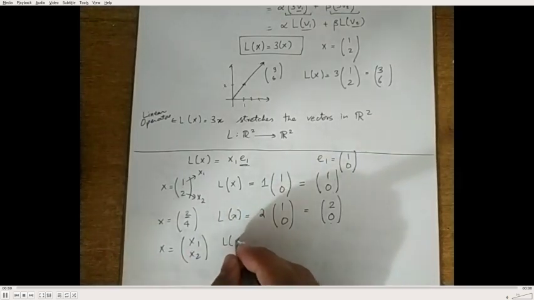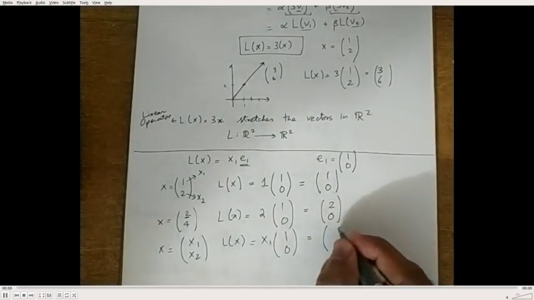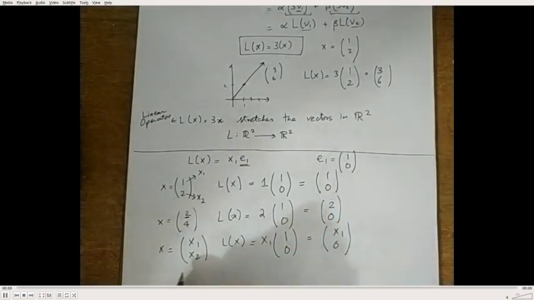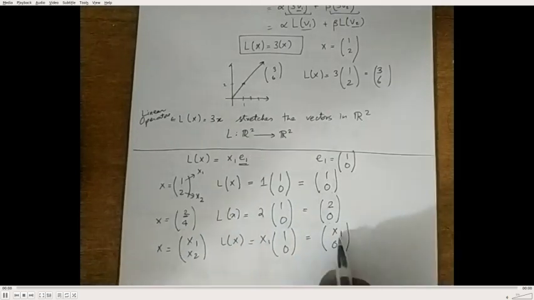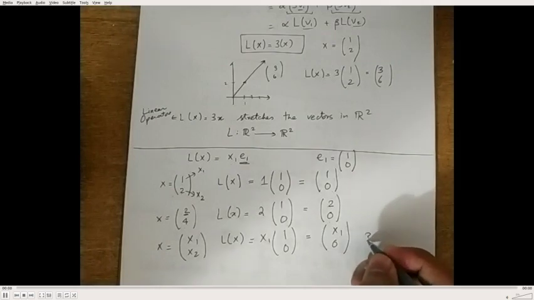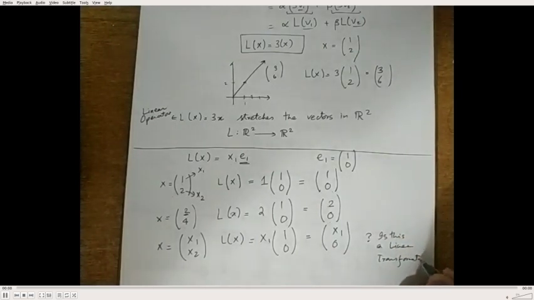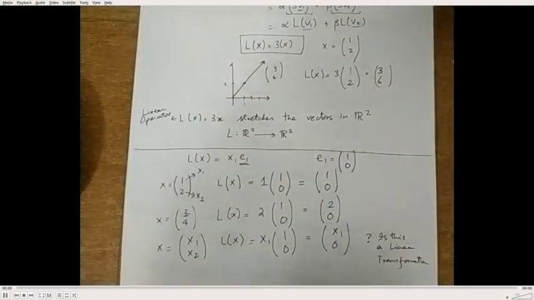L of x equals x1 times (1, 0), so what you get is (x1, 0). Any vector (x1, x2) is mapped onto (x1, 0). And now we can of course ask the same question: is this a linear transformation? That is, if I had a linear combination of vectors in R2, will it stay a linear combination?